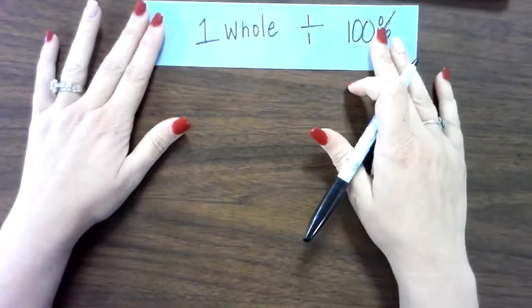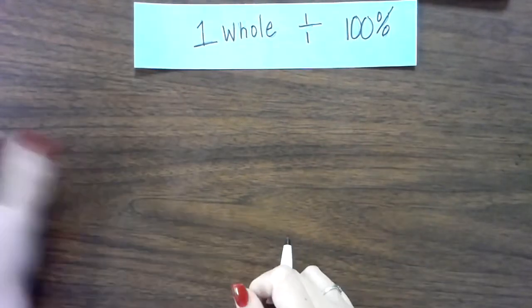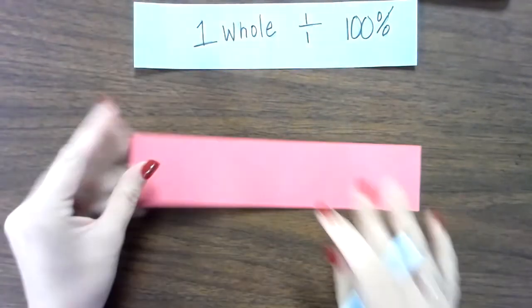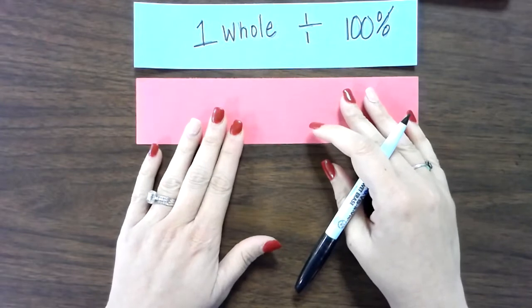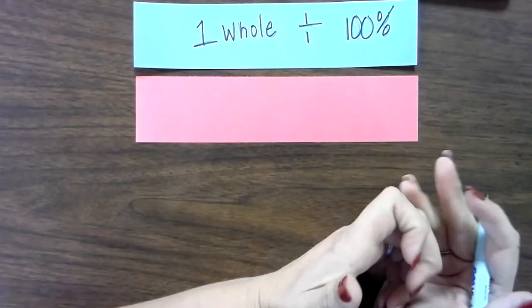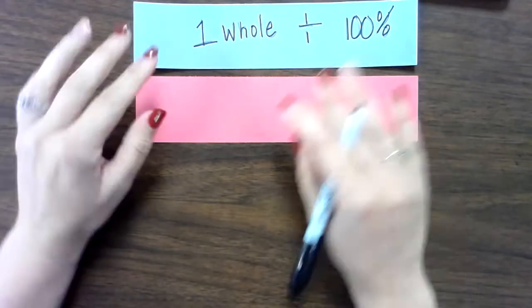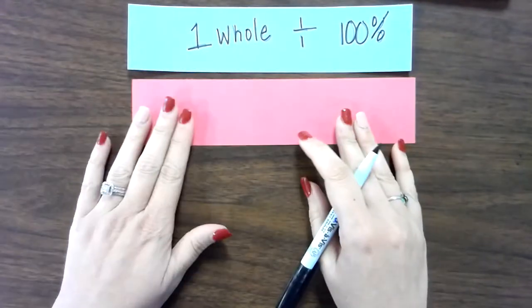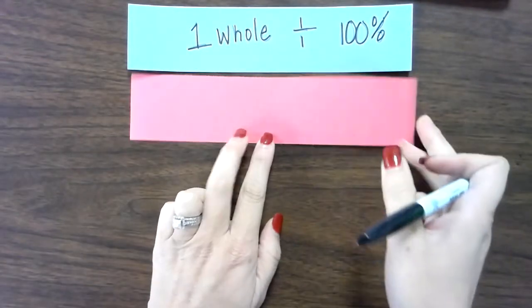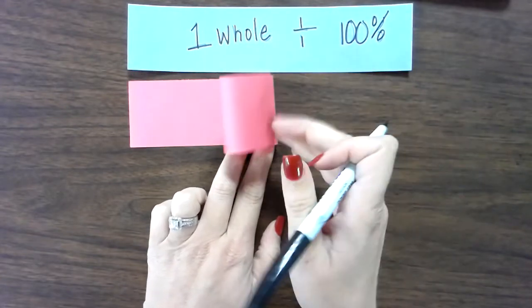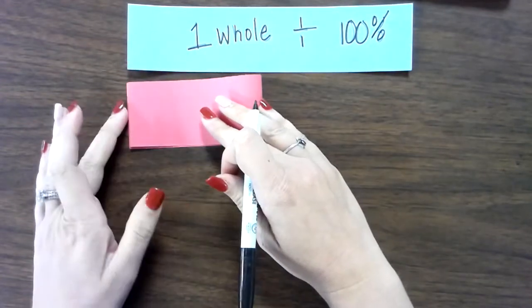Okay? All right, so I have my 1 whole candy bar right there. Take another color, and I want you to just line it up just like that. I'm just going to ask you some questions, and you're going to investigate what I'm talking about. I have 1 whole candy bar. Let's say I'm going to share that with one other person. So I want you to take this right now.